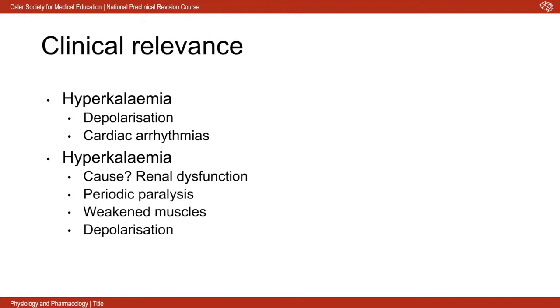Hypokalemia is the opposite, as the name suggests, where extracellular potassium is decreased and the hyperpolarization follows from this. It can be caused by a loss of renal function and can cause hyperkalemic periodic paralysis, which involves weakening of the muscles and periods of paralysis related to the generation of action potentials. It's worth noting that both conditions can cause cardiac arrhythmias.